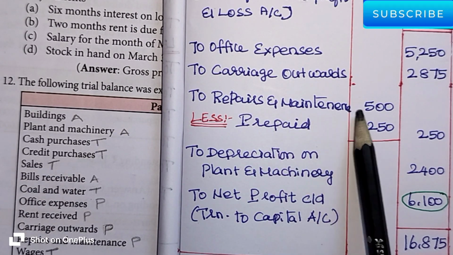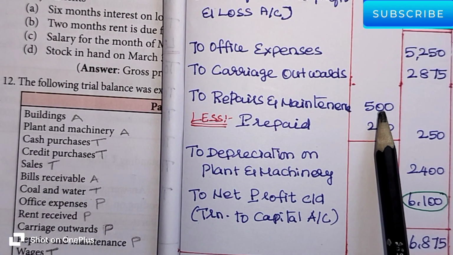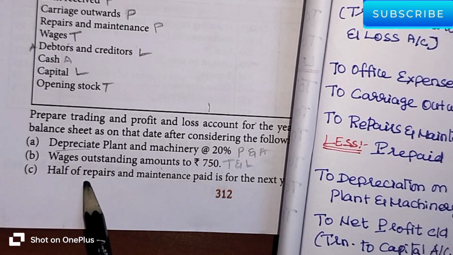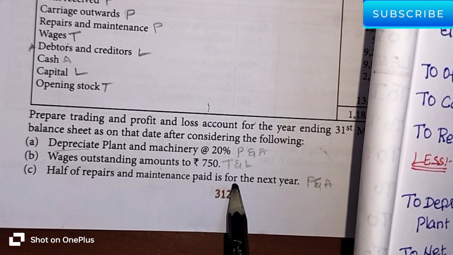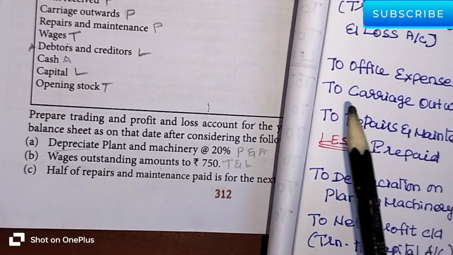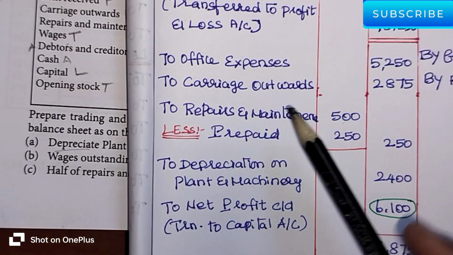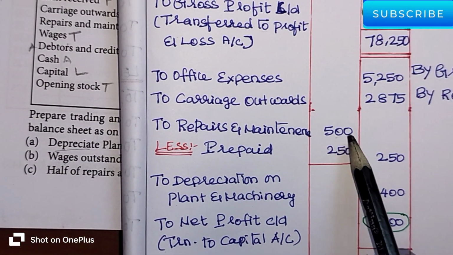column. With repairs and maintenance we enter 500 rupees in the inner amount column. In the adjustment they have given that half of the repairs and maintenance paid is for the next year. So how much rupees have they given for repairs and maintenance? 500 rupees. Half means we divide it by 2, and we get 250 rupees.